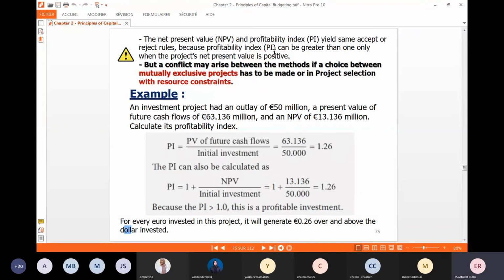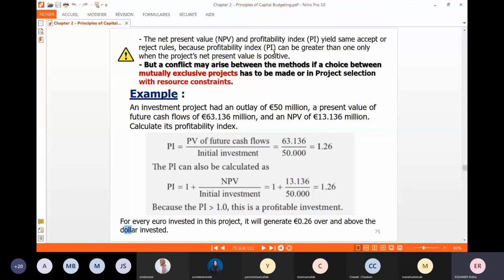Of course, even this criterion suffers from some limitation. This will not allow us to compare different projects with different initial investments when we have mutually exclusive projects.